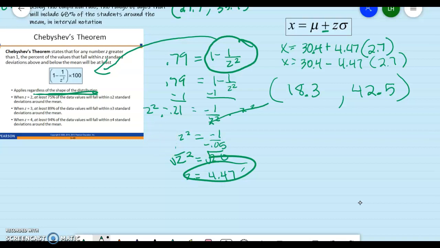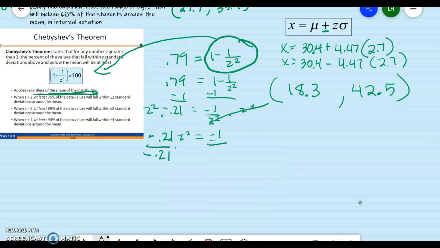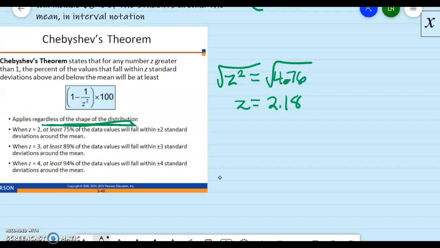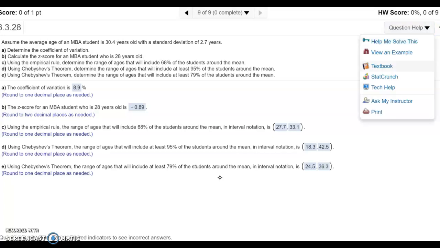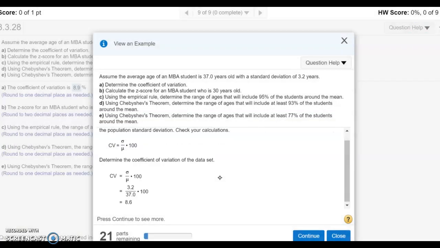So -0.21 is going to be in front of z squared, and you're going to divide by -0.21 to get z, and you're going to get 4.76, and then you're going to take the square root of 4.76. I believe it does say round to 1 decimal place is needed, so I need to make sure.